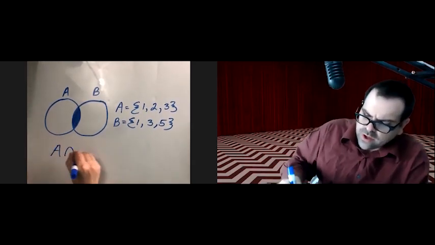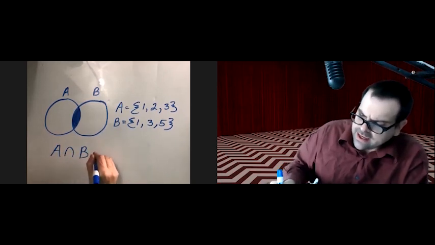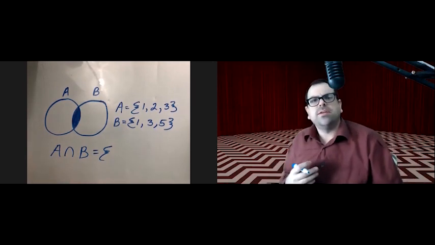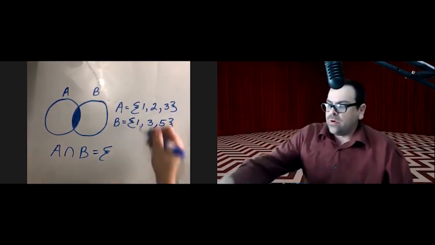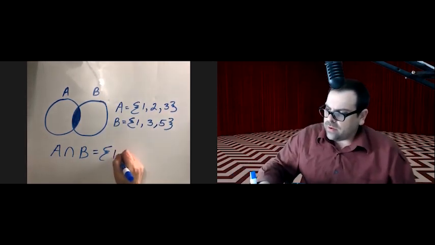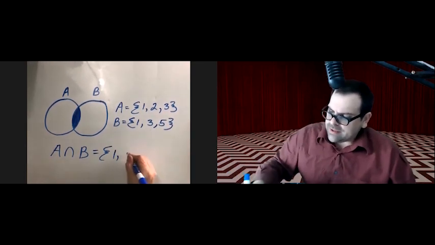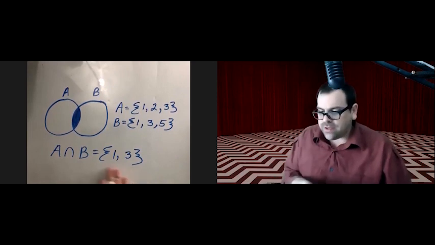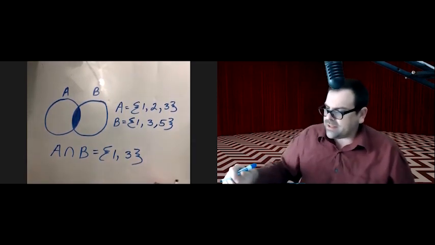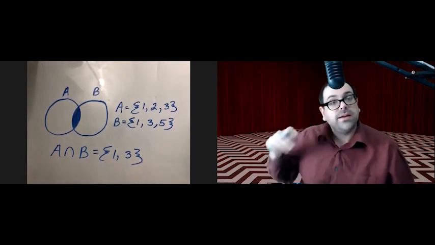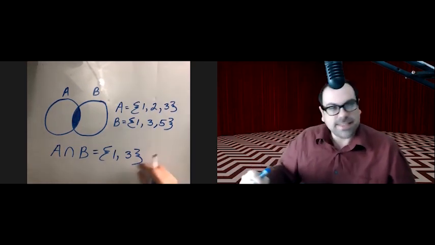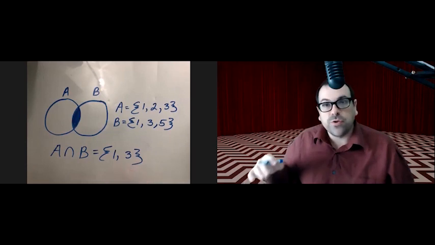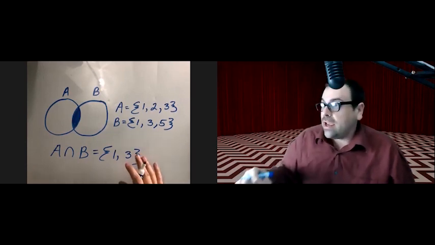In other words, what is the set A intersection B? What elements are in both? 1 is in both, and 3 is in both. So the intersection of sets A and B would be the set 1, 3. Because this set contains every element that's common to both A and B.